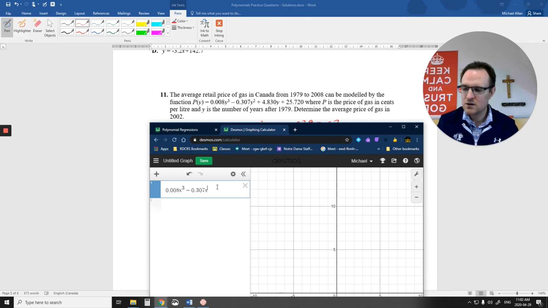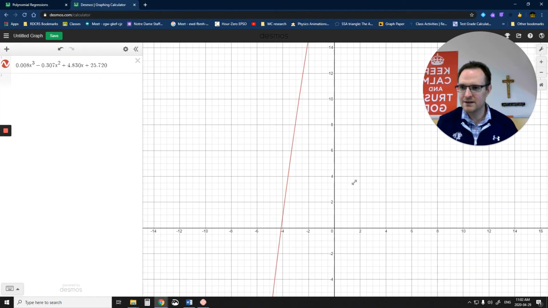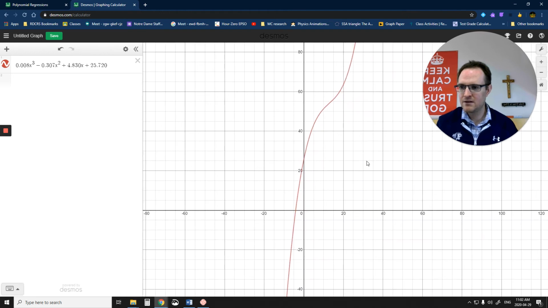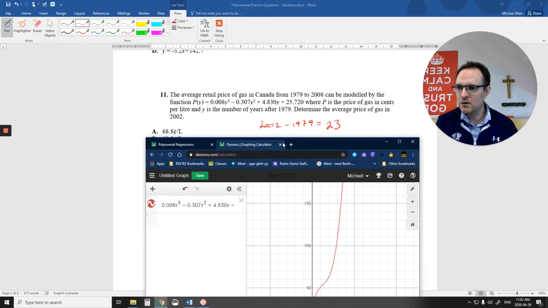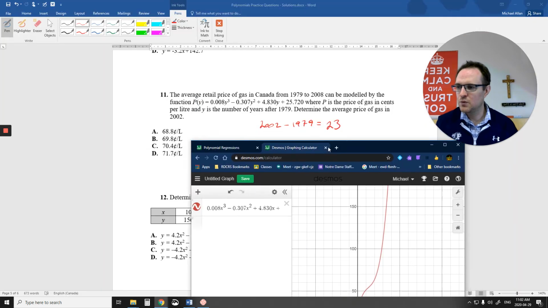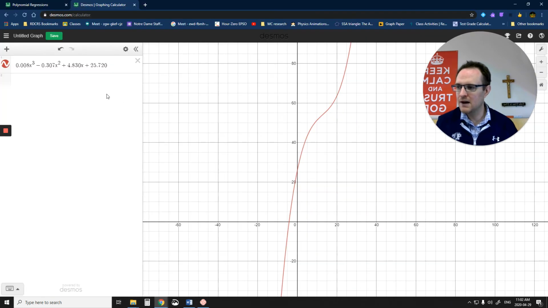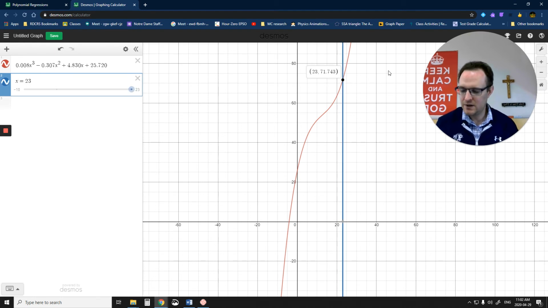X squared plus 4.830x plus 25.720. Okay, so I've got this graph here. You can't really see it too well. There it is right there. Pretty good. And I want to know at 23, so when y is equal to 23, which in our case is x equal to 23, so that is equal to 71.7.